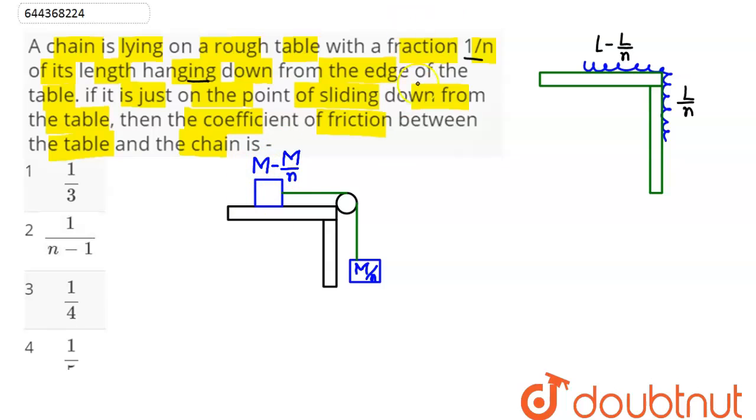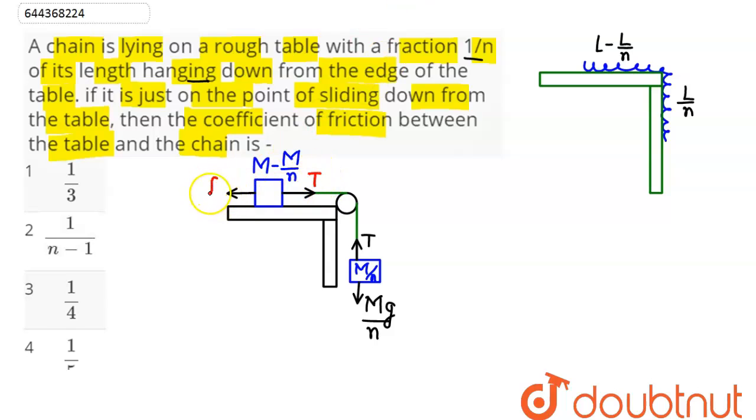So we can force balance this. We have the weight downward, that is mg upon n, and tension upwards. Tension will be balancing the limiting friction to prevent the sliding.